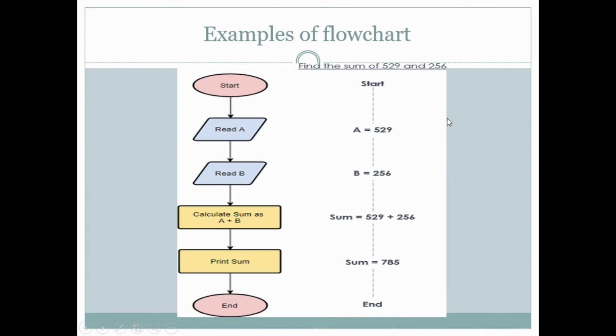Here is an example of a flowchart: addition of two numbers. In this shape I am starting my program, and in the parallelogram I read a number A and a number B. Then I will perform the sum operation A plus B and put the value in sum using the rectangle, and I will print my variable sum.